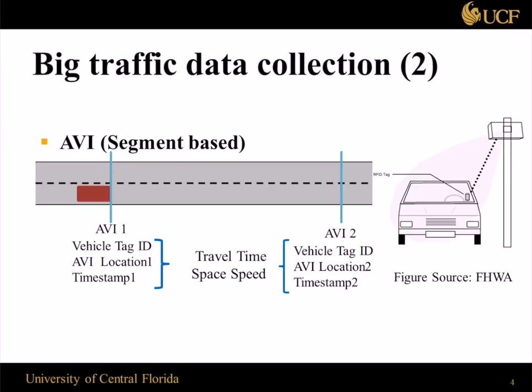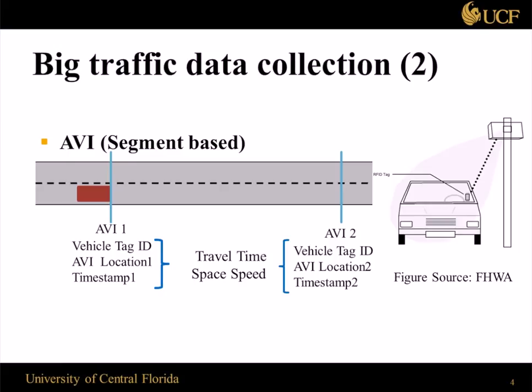The AVI data: previously, the initial objective of the AVI system was automatic toll collection. When a vehicle passes an AVI detector, the detector records its tag ID and then collects the toll. Later, researchers and practitioners used the AVI to estimate travel time.